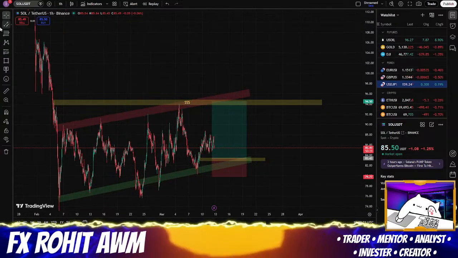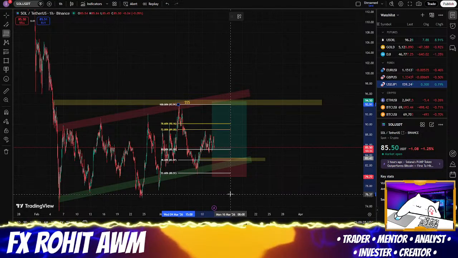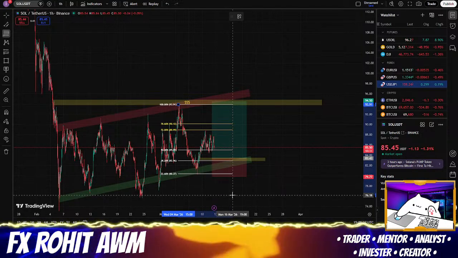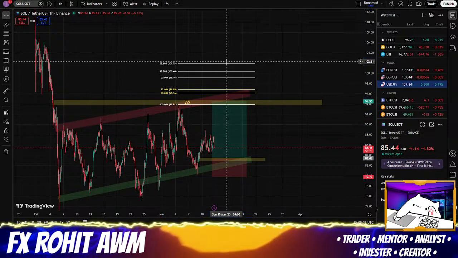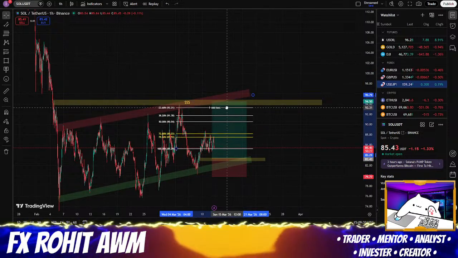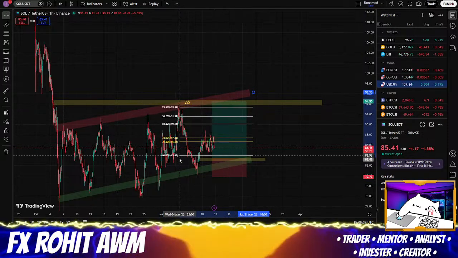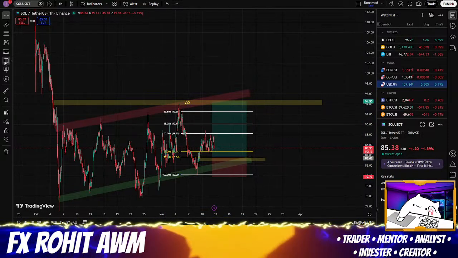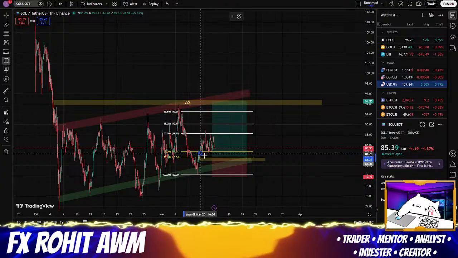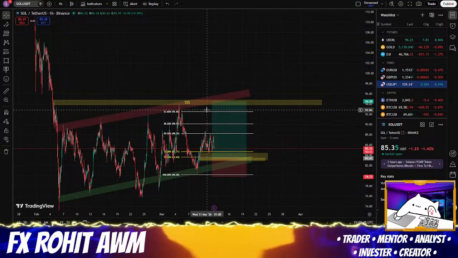And if we also check this to this, okay, we have a great setup for the selling side, but now our bias is only bullish. So let's check for that zone.